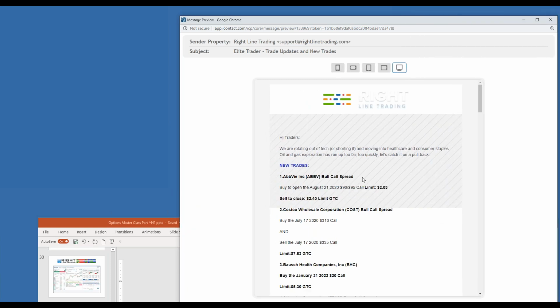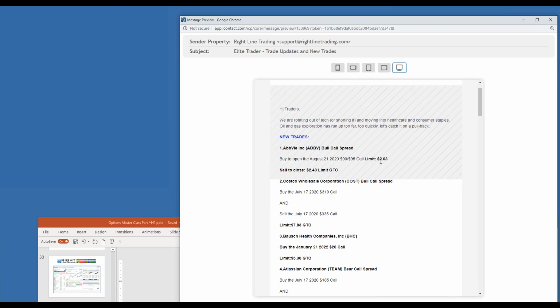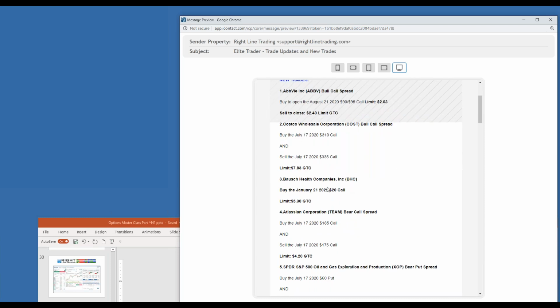Now, I recommended AbbVie, and we already closed it as a winner. I put it for a vertical on Costco, which is not doing much. This is a January 21 on Bausch & Lomb. And I love this stock. I think it's gonna be 25 or 30.